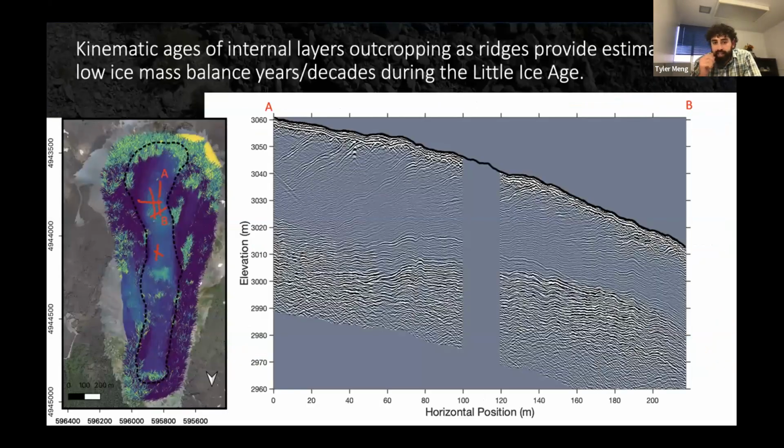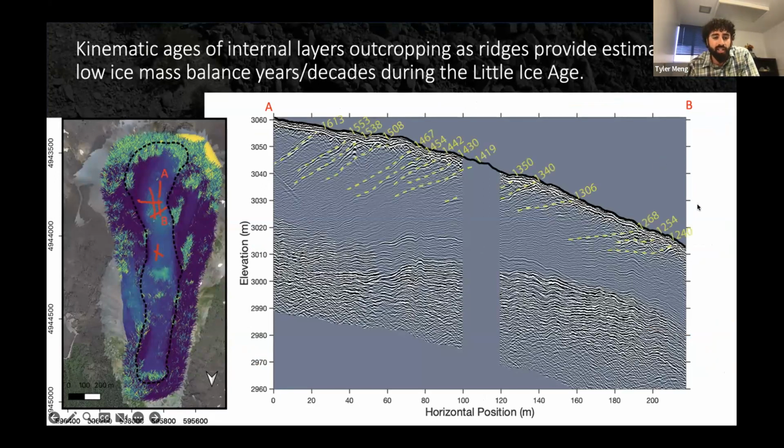So then using that same concept of integrating these ages over the length of the glacier, we can take these internal layers and the locations where they outcrop on the surface. This is the radargram I showed you before. And we take the distance downflow of each of these outcropping locations. And we can actually assign a specific year that this surface is correlated with.